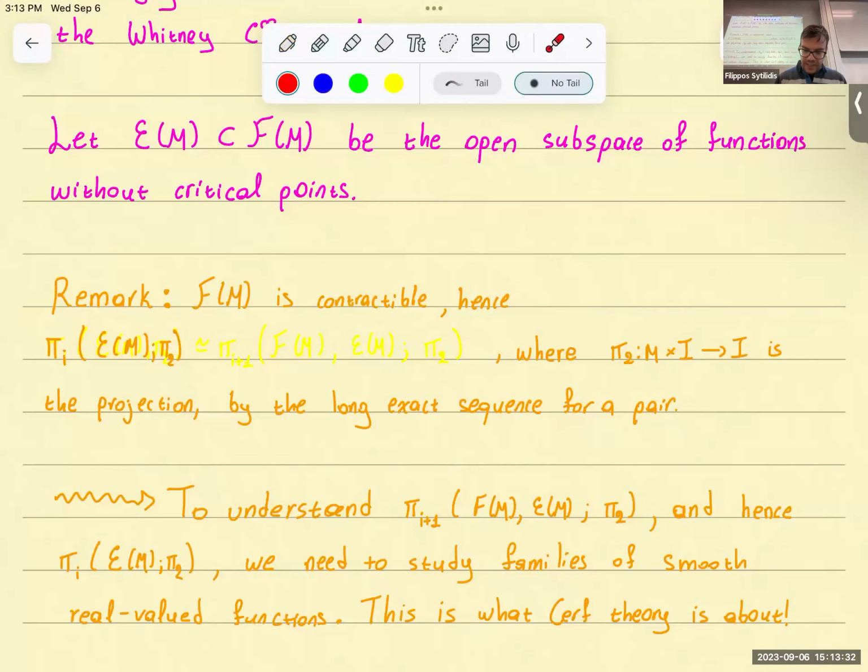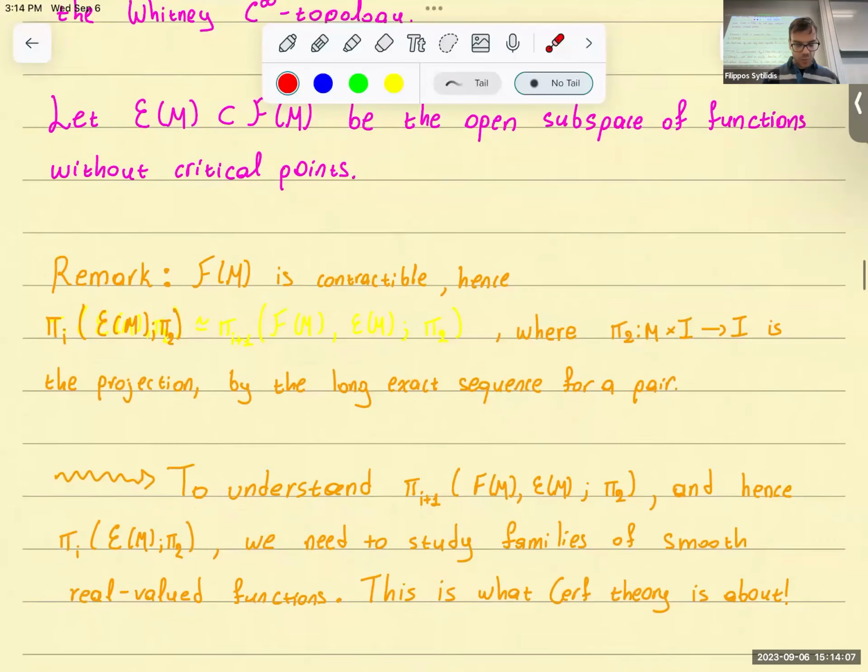Now, I realized as I was writing this that it's going to be very confusing, because the pi 2 here is the projection to the second factor from M cross I to I. That's a little unfortunate, but if I'm telling you to consider maps from M cross I to I, this is one of the most beautiful maps you can write down, and it has no critical points. So it is an element of epsilon of M, and it's one that we would like to consider.